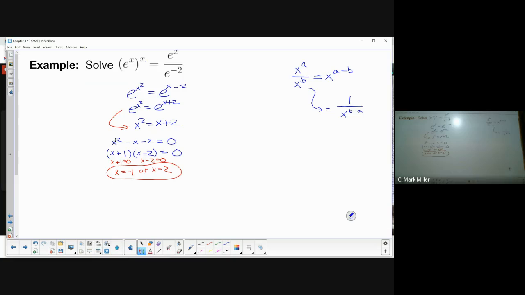The key step, the one we're learning in this particular unit, is right there. With equal bases, you set the exponents equal. Very powerful little rule.